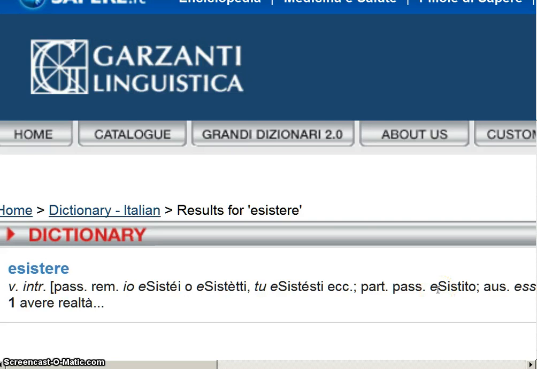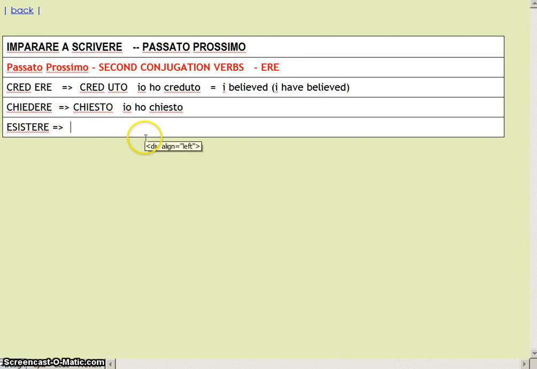E is a tight close E. Zistito, this is the sibilant S, the voiced S. This is esistito, this is the voiceless S. So you take the word as it is and you write it not as it is here, but without all the phonetic variations, the phonetic markers. And we have, where are we? Esistito.